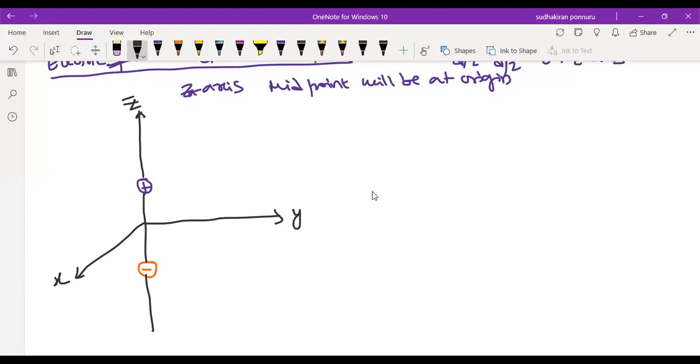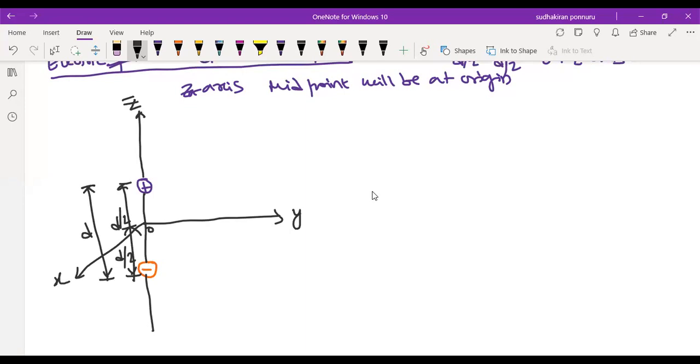And since this is our origin, earlier the plus q and minus q both are separated by a distance d. If this is the value of d, then from here to here the value will become d by 2, and from here to here the value will become d by 2. Therefore the total distance is nothing but d.